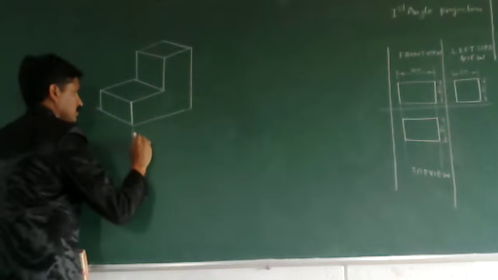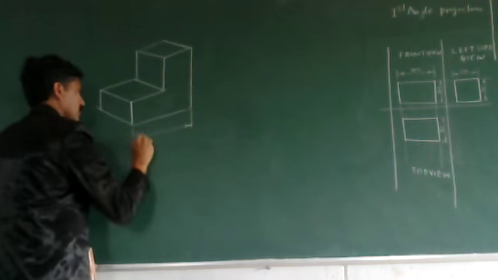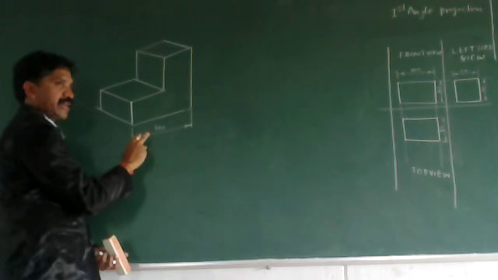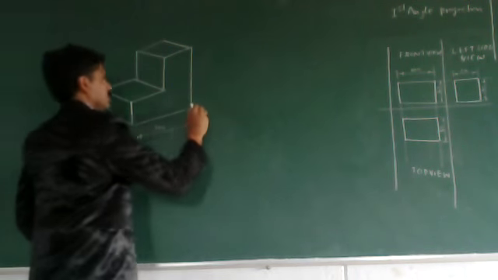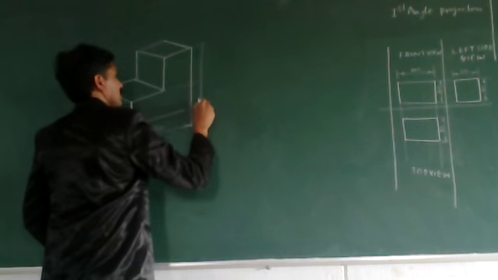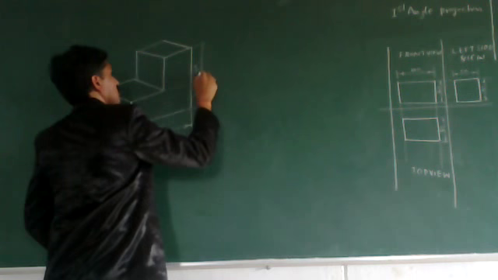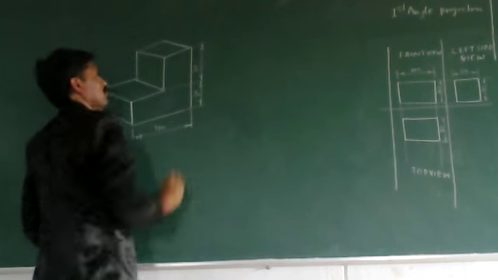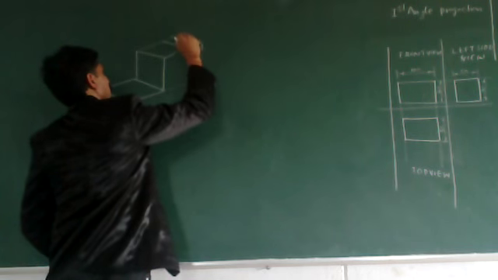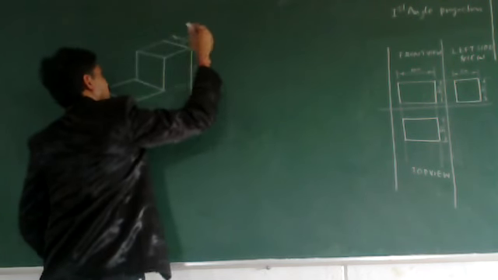And see the dimensions. The dimension is 100, and this is only the length. This is 30, and this is also 30. Total height is 60. That's fine. And this dimension is around 50.